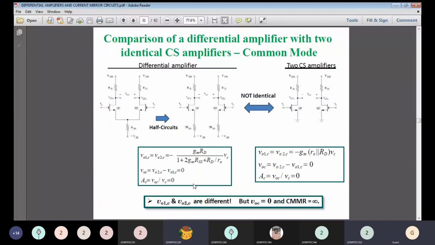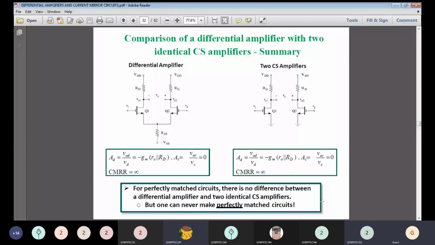In the case of common mode, the voltage of transistor 1 and the voltage of transistor 2 are subtracted, so the value will definitely be 0. So V0C is equal to 0. What happens to your CMRR? The CMRR value will be infinite.